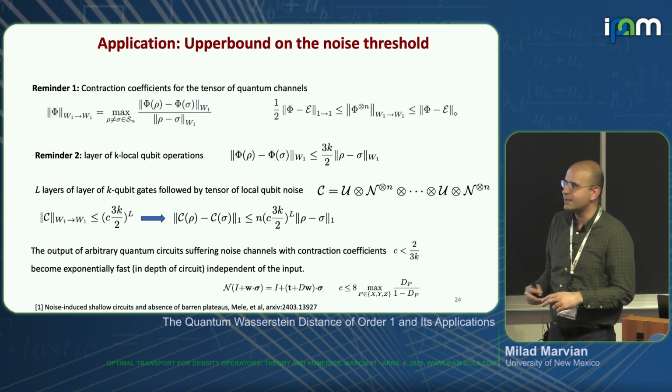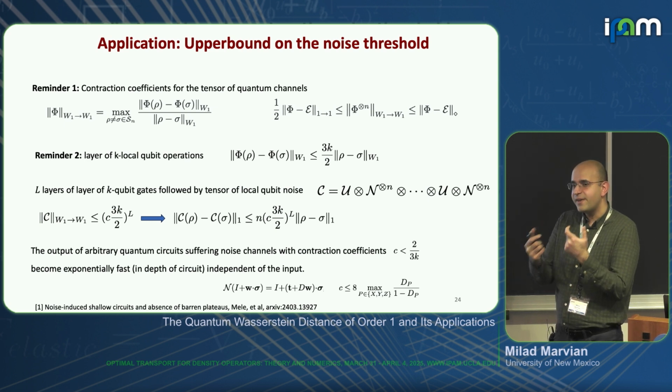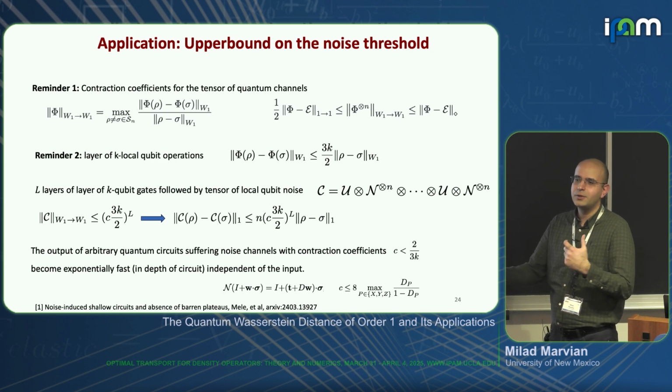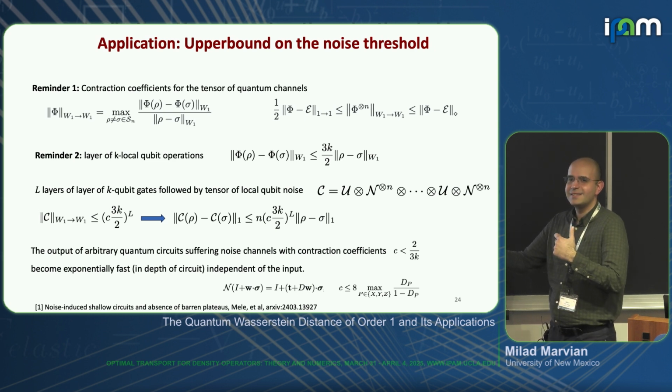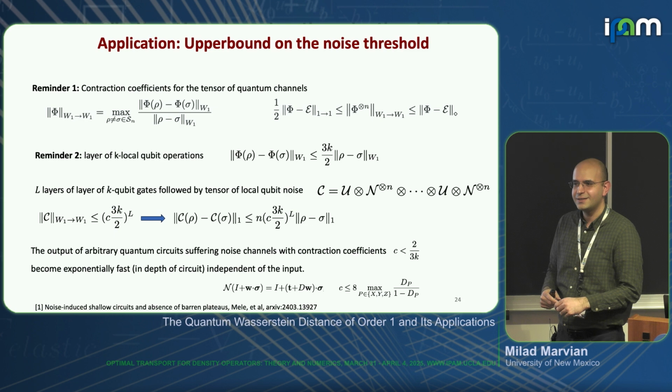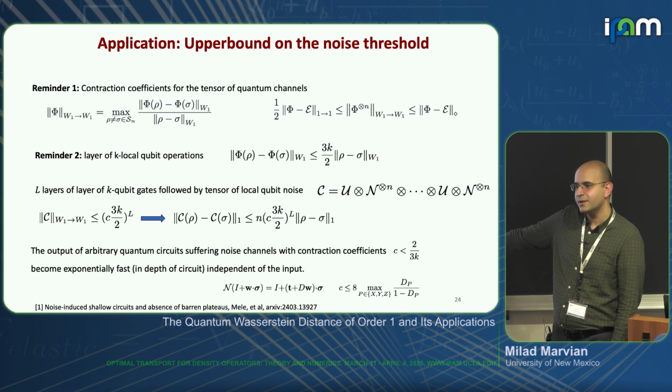The reason I'm saying this is that it's a new tool, but these factors of 2 that we use in defining the distance, sometimes we don't care. I say, oh, this distance is equivalent to that distance up to a factor of 2, or a constant, etc. Those things matter here.